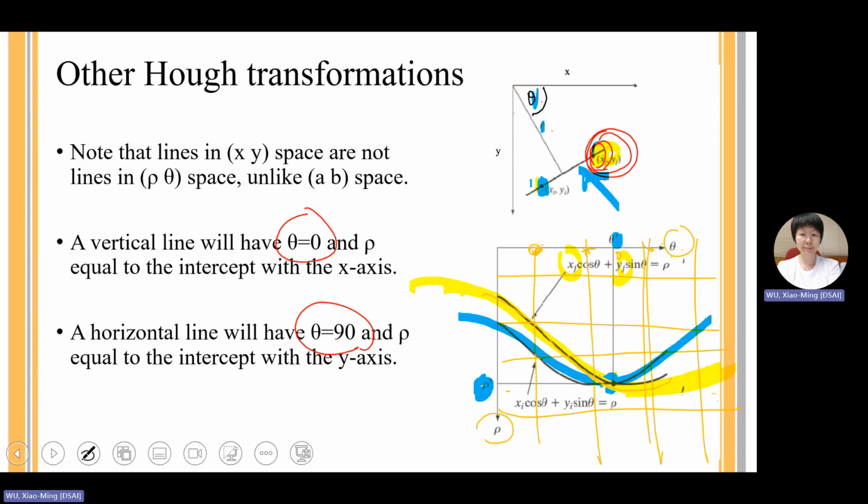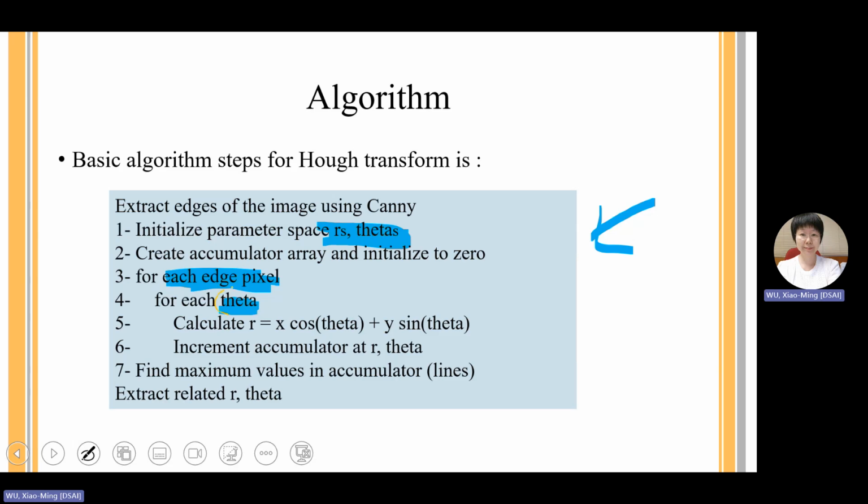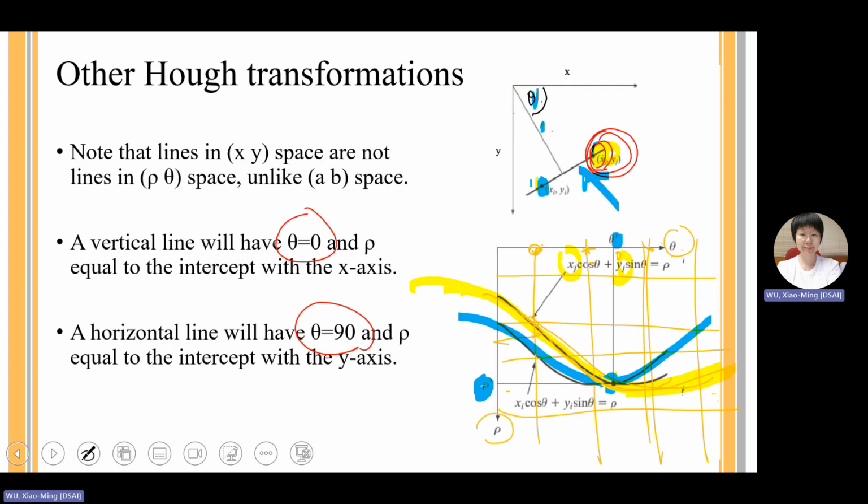For each theta, we calculate the rho. We only need to calculate the quantized thetas, because we quantize the rho theta space. Within the quantized rho theta space, we only need to consider, for example, theta 1, theta 2, theta 3.